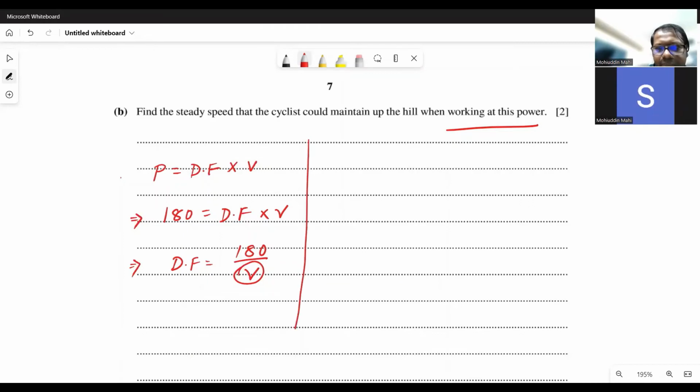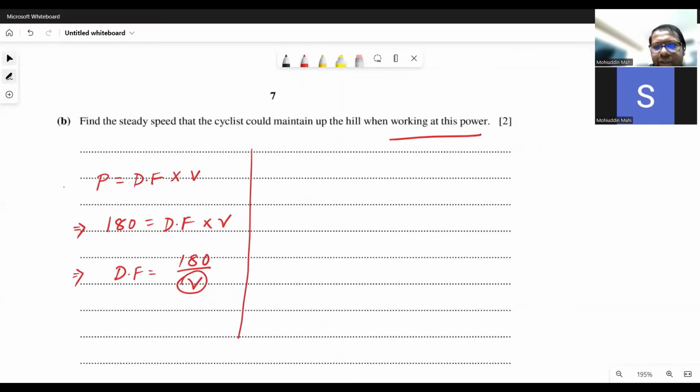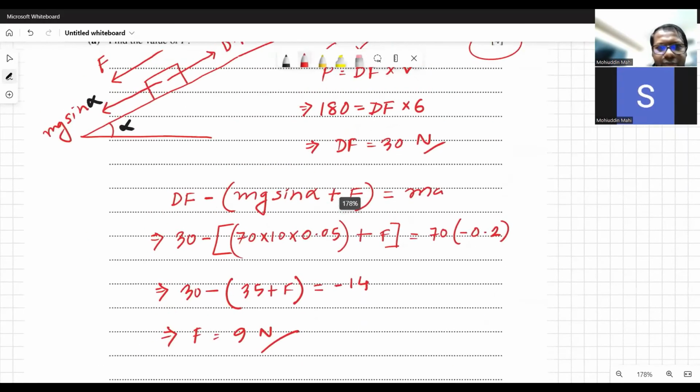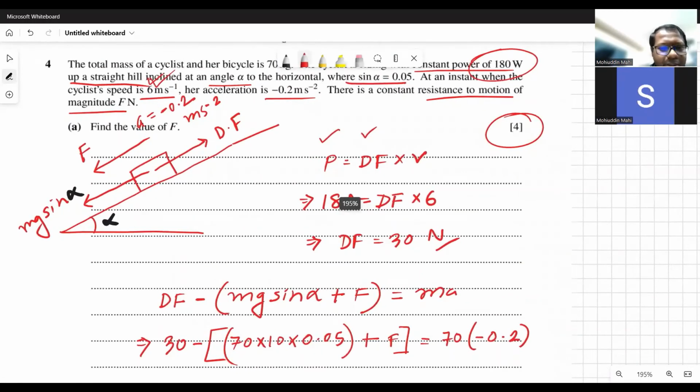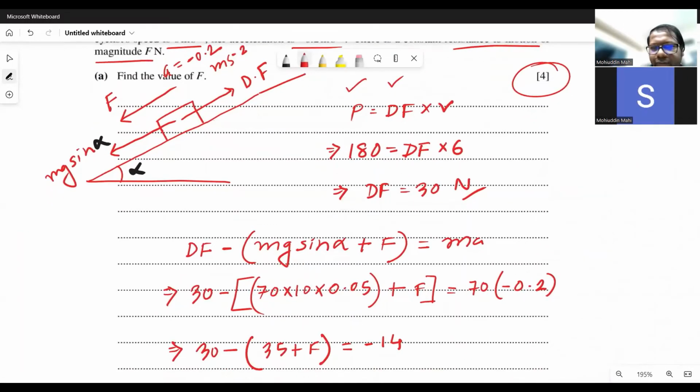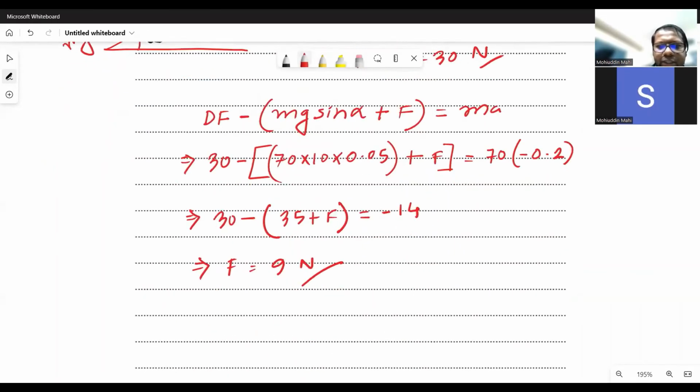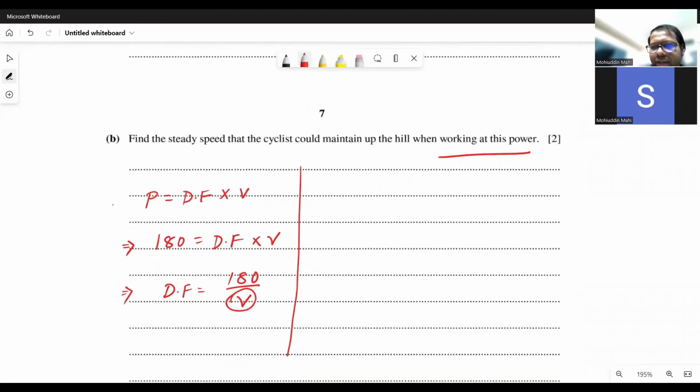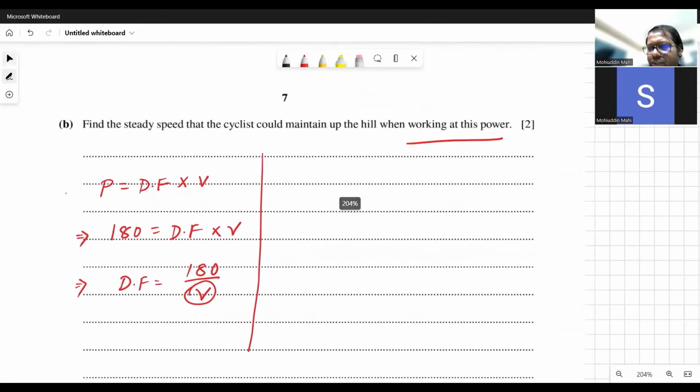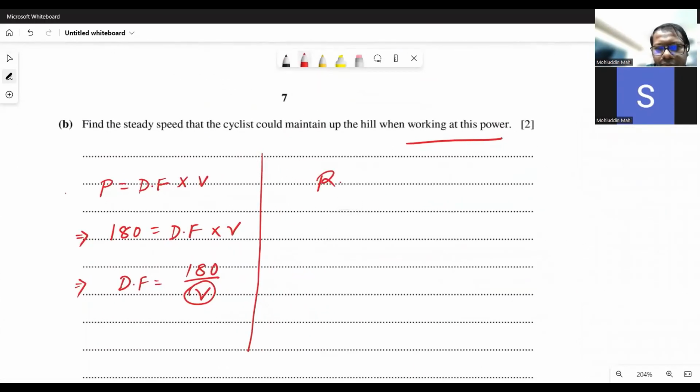Now let's go back to the figure again. The driving force is going to act in upward direction, and the resistive force and component of weight are going to act in downward direction. As they're talking about steady speed, the resultant force is going to be 0.